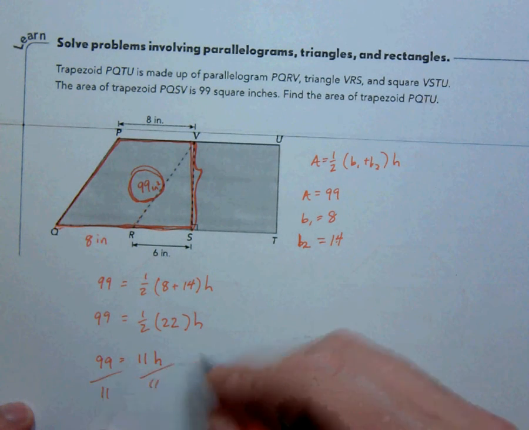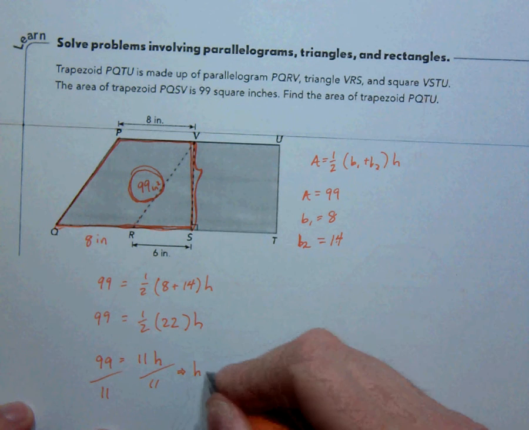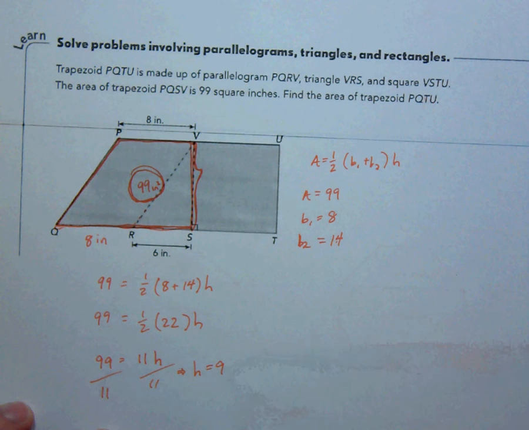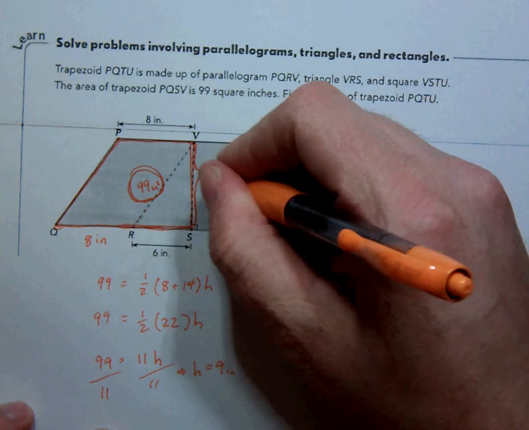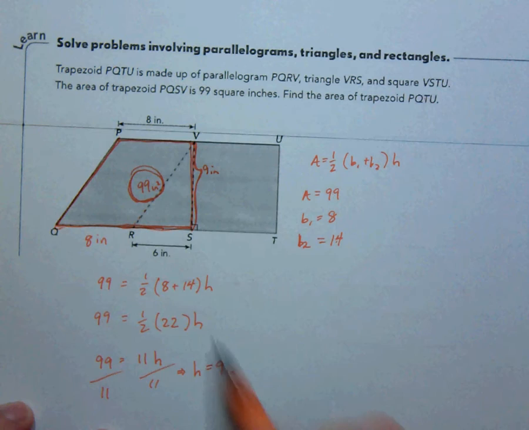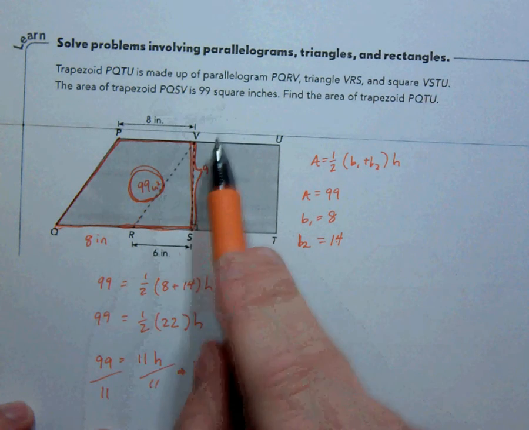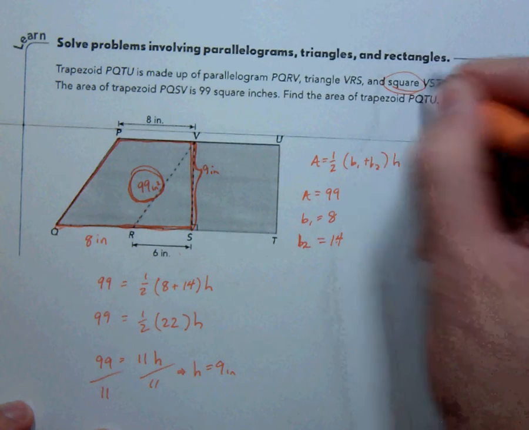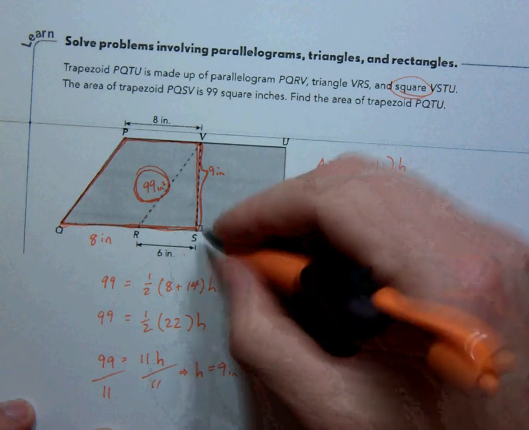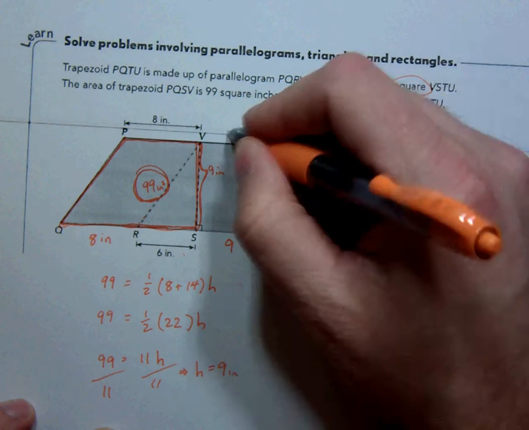I'm sure you already figured it out, but the height is equal to 9. 99 divided by 11 is 9. So 9 inches. So this whole thing is 9 inches. And if you remember from the question, VUTS is a square, so that means that's 9, that's 9, that's 9, and that's 9.